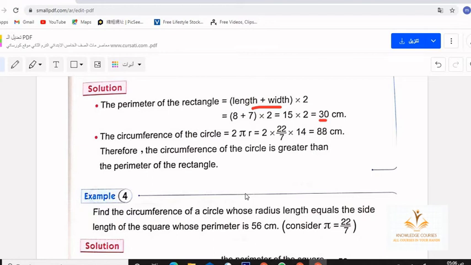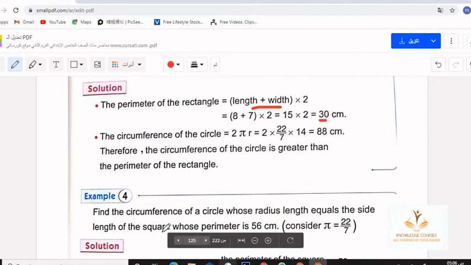Okay. Example, find the circumference of the circle whose radius r length equals the side length of the square. So r in this case equals the side length of the square, s. The perimeter of the square equals 56.